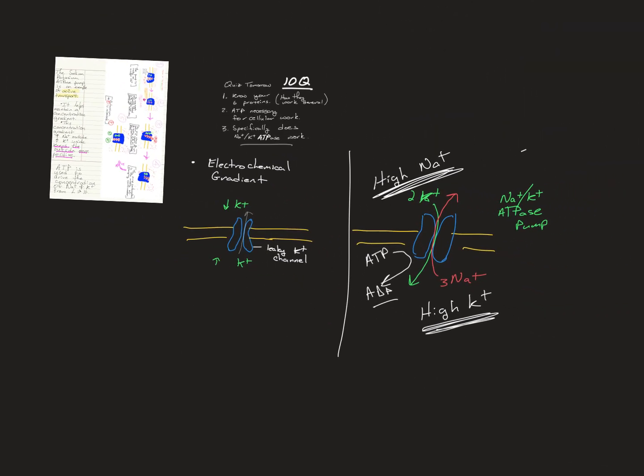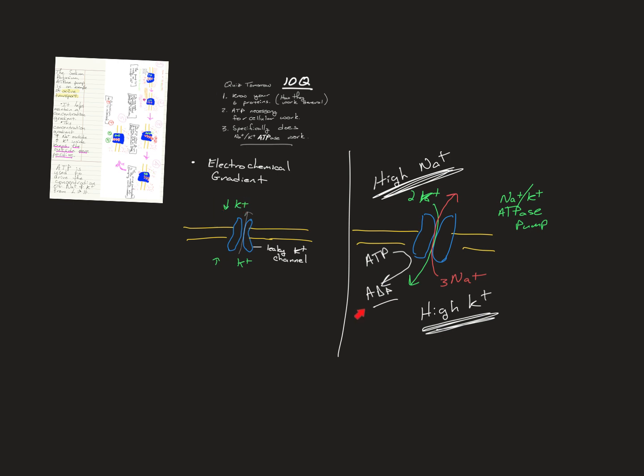All right. So we will continue this tomorrow after the quiz. So your electrochemical gradient on both sides has high potassium on this side, low potassium on this side.